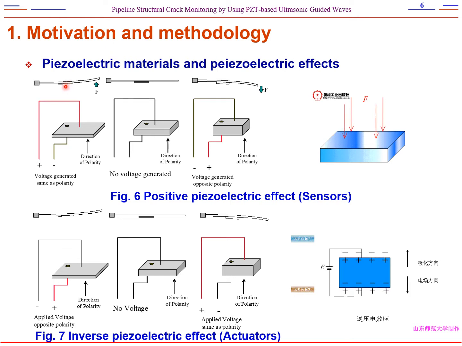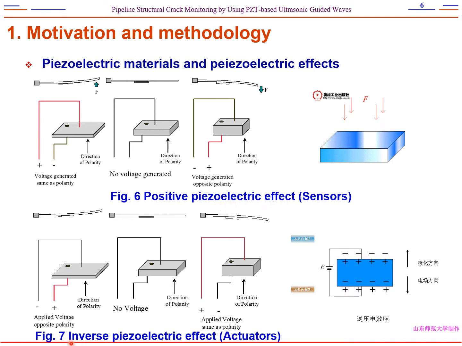A PZT patch is placed on the surface of a cantilever beam. When we apply force here, the electricity will be generated. When we change the direction of the force, the direction of the electricity will be changed again. This is the positive piezoelectric effect.